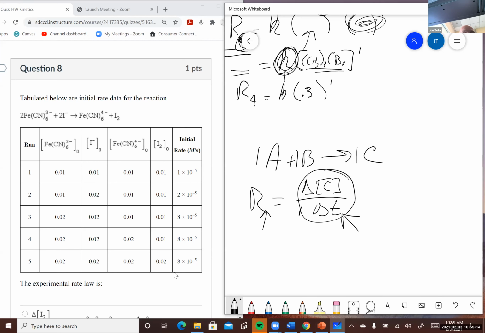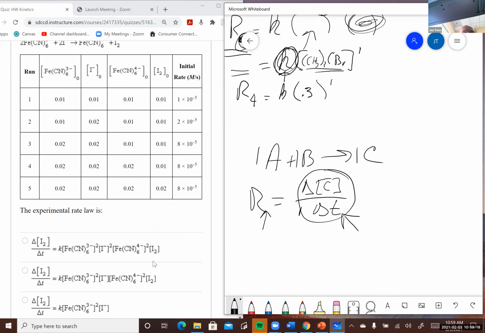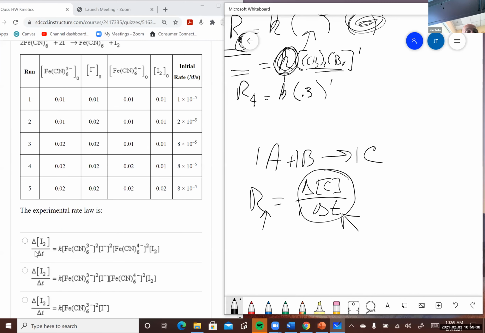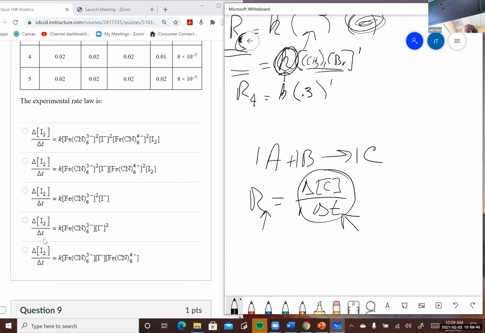That's good. And they ask you what the experimental rate law is, but they don't give you rate. They give you change in I2 over delta t. So you come back here and you say, oh, look at that. That has a stoichiometric coefficient of 1. So its rate of production equals the overall rate of the reaction. They could have just put R in here. So don't let that trick you.